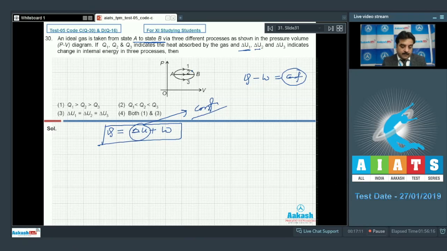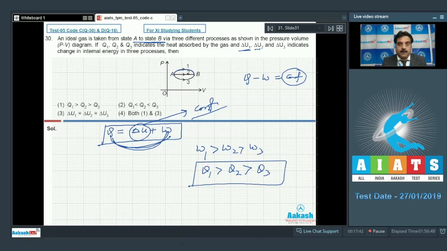When you observe the work done in process number 1, AB, work done will be maximum. You can observe by the area under the PV graph, W1, W2 and W3. So the highest work done is by process number 1 and the least by process 3. As I said, here we can observe that we have a very good relation between Q and W. So I can say Q1 will be greater than Q2 and Q2 is greater than Q3.